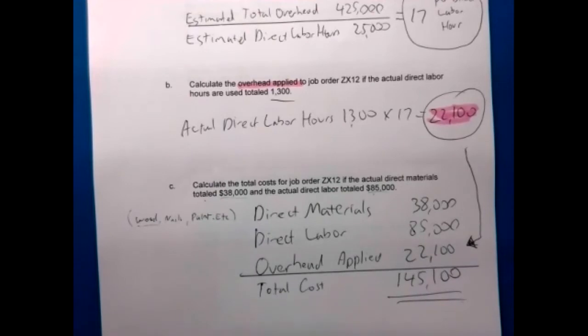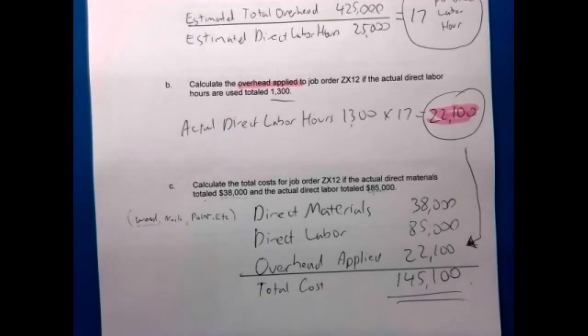So hopefully this job, whatever job it is you did here, hopefully you charge them more than 145,100, 200,000 or whatever it is. Hopefully it's going to be more than what you paid for this, because that's how you can make profit. So these are your costs, and hopefully your sale, what you charge your customer, would be more than 145,000.